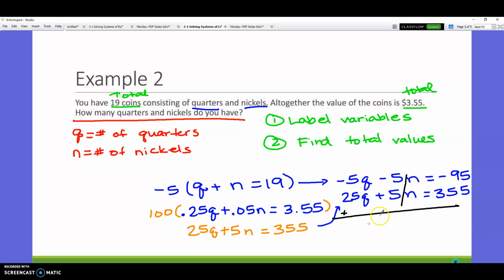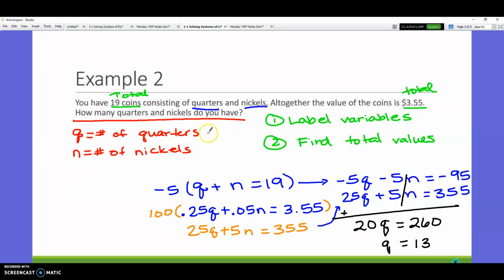So I'd have 20Q is equal to 260, and then Q would equal 13.